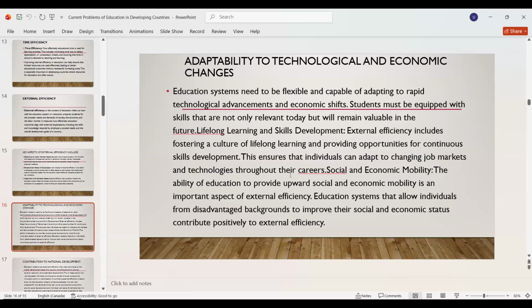So this ensures that individuals can adapt to changing job markets and technologies throughout their careers. Social and economic, actually, the people who are selecting the correct career will be shining forever, right?